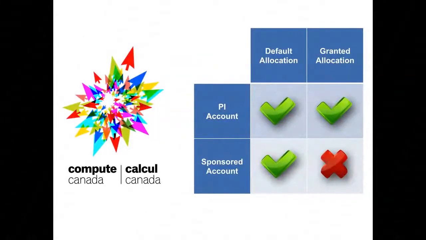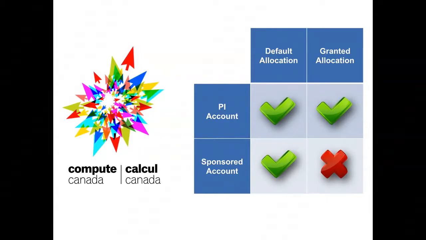It's helpful to know who has access to the resources I'm going to talk about today. On the grid that you're seeing here on the screen, you'll notice that there are two types of accounts. There's a PI or Principal Investigator account, and there's also a sponsored account. The resources I'm going to show you today fall into what's known as a default allocation. It's not really an allocation. We now call it a RAS, R-A-S, which stands for Rapid Access Service.